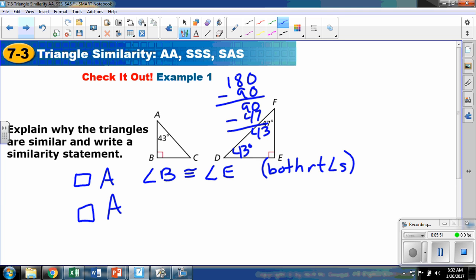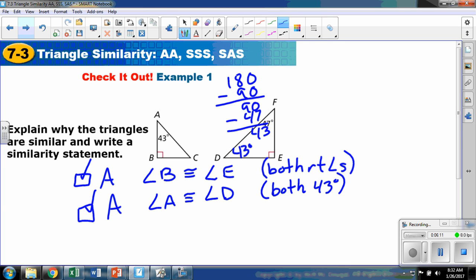So we would have angle A congruent to angle D because those are both 43 degrees. There. We've got our checklist completed.